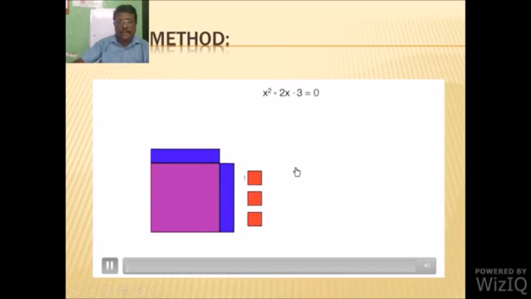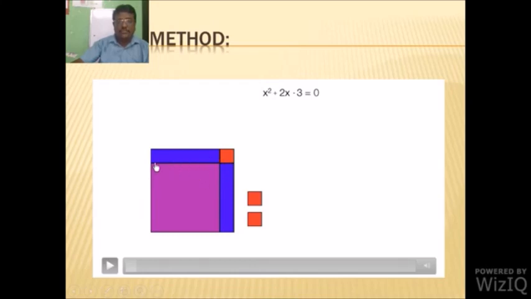With the help of squares and rectangles, we are going to solve x square plus 2x minus 3 equals 0. You can see the rectangles and squares over here, the blue color rectangles and the purple color square.